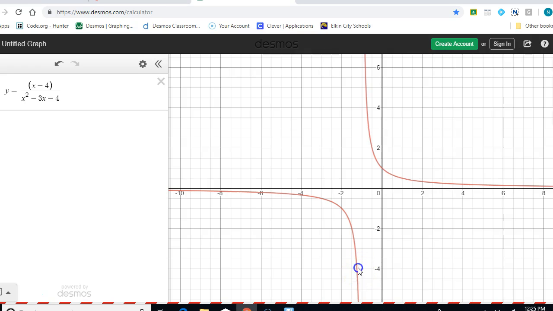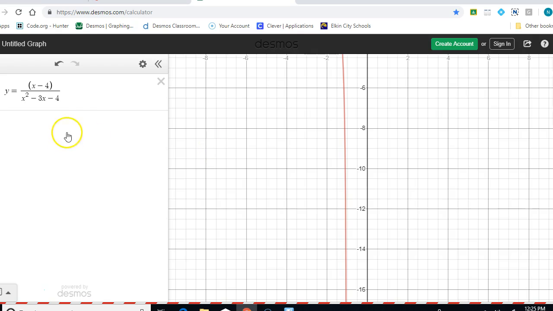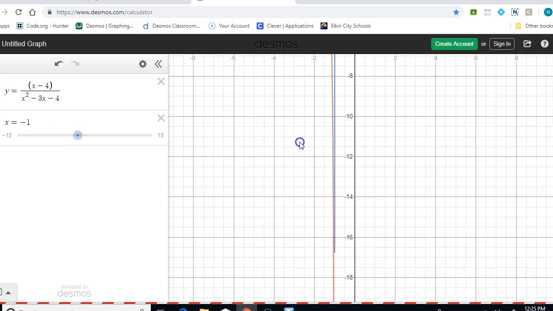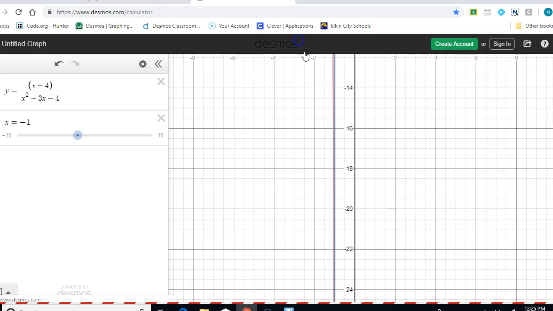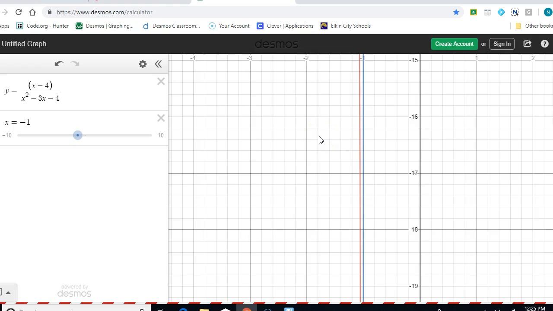If I put in the line x equals -1 here, it looks like it's touching, but if I zoom in, it's not really.